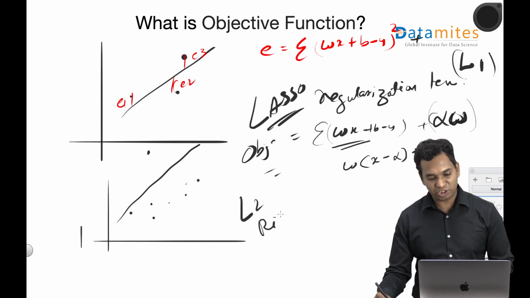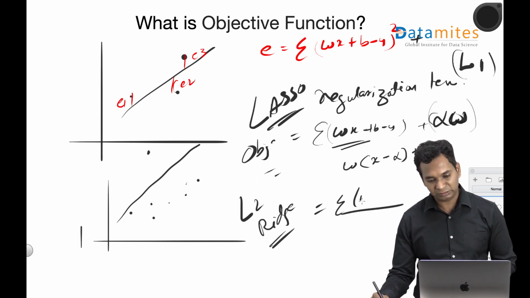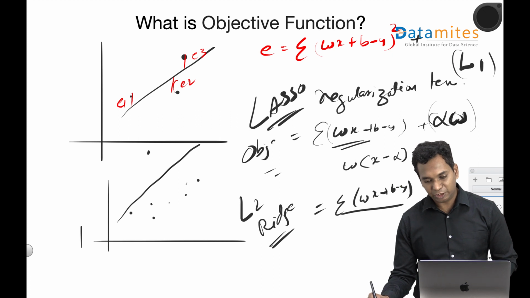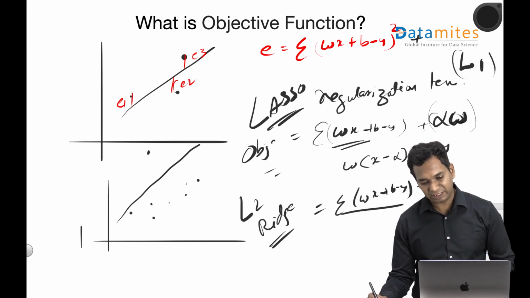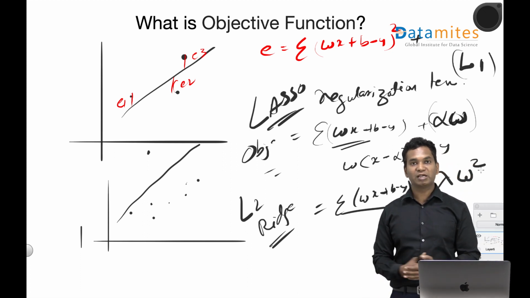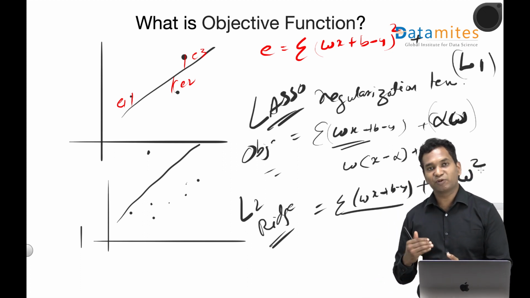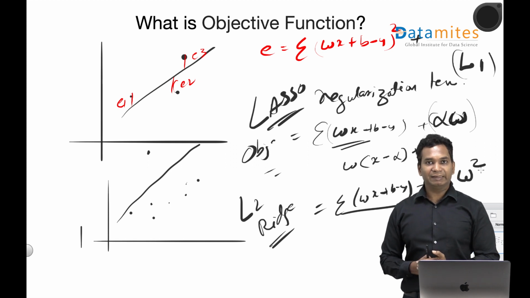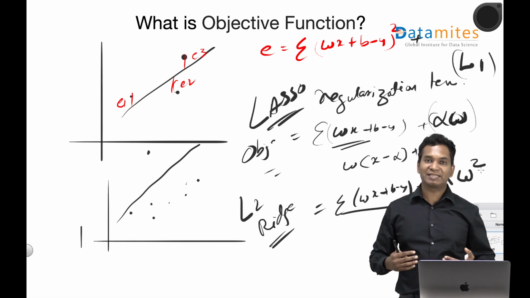It's called ridge regression, in which you have the same cost function, and you have, let's say, lambda into W square, which is a square of your slope. So if you increase your lambda, then the penalty is exponential.